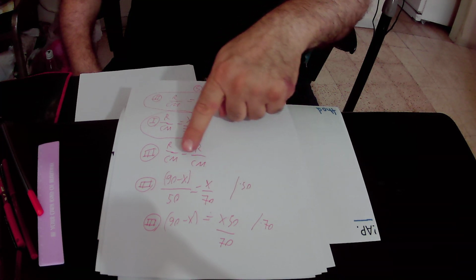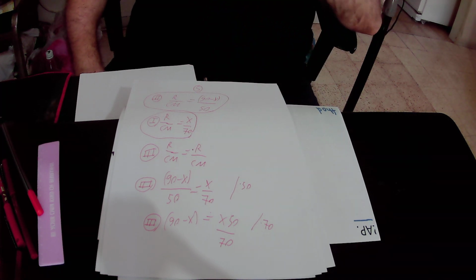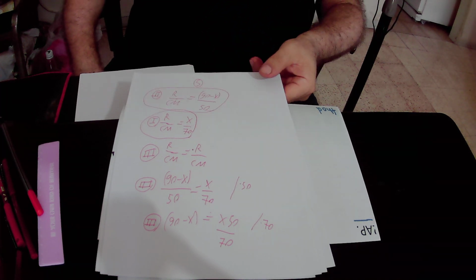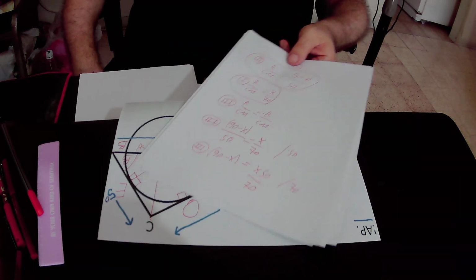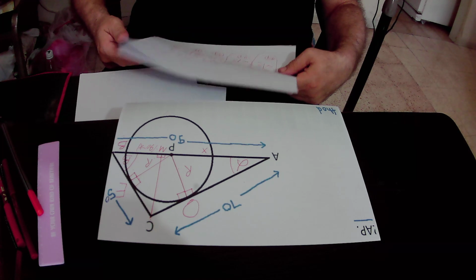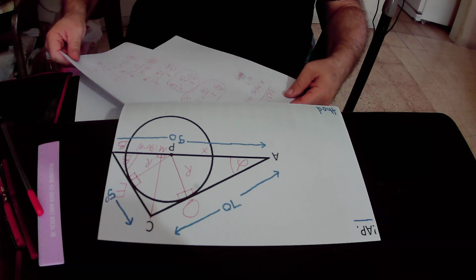So in total we got that 90 minus x over 50 equals x over 70. And it is a very simple equation, one variable. The only variable is x, with one equation only.